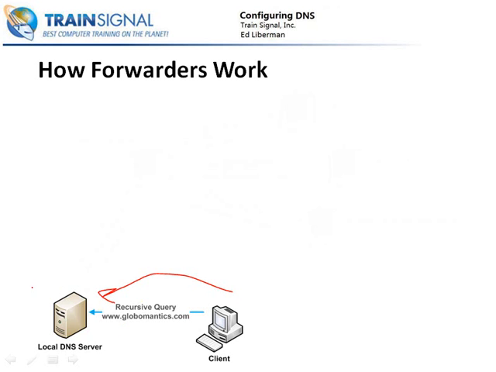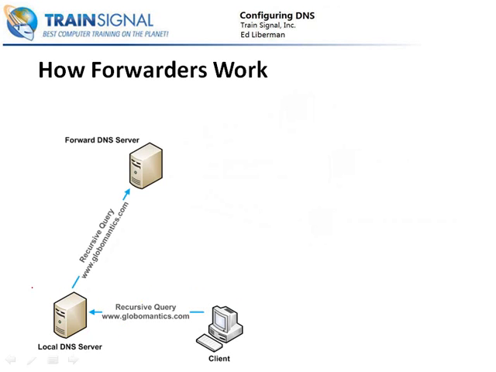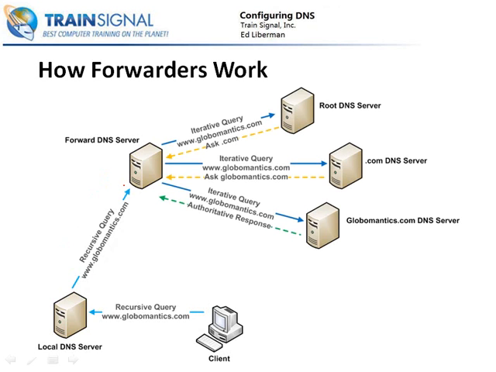So the local DNS server, on behalf of the client, will make another recursive query to the forward DNS server that it's been configured to ask for any lookups that it doesn't know about. That forward DNS server has been configured with that other type of forwarder that I mentioned, root hints.